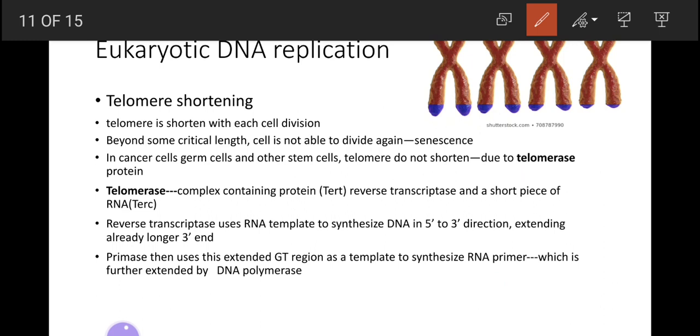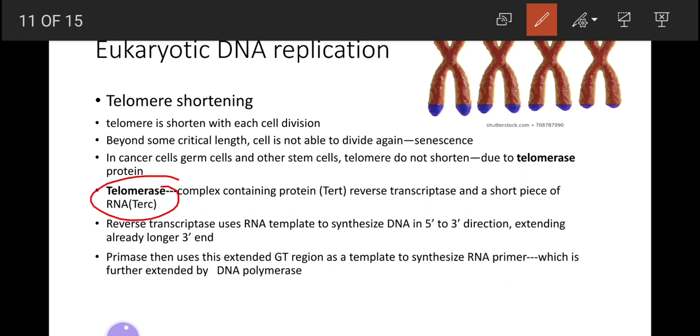But this shortening does not happen in the germ cells, in the stem cells, as well as in the cancer cells. In these cells, there is a protein called telomerase.